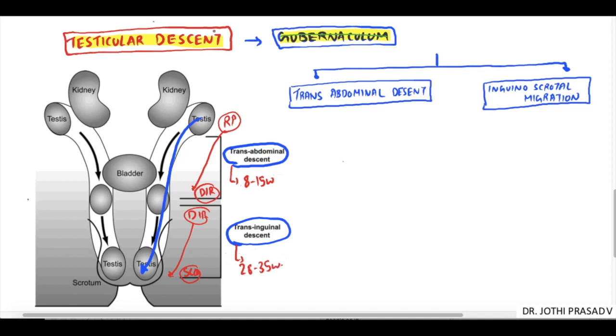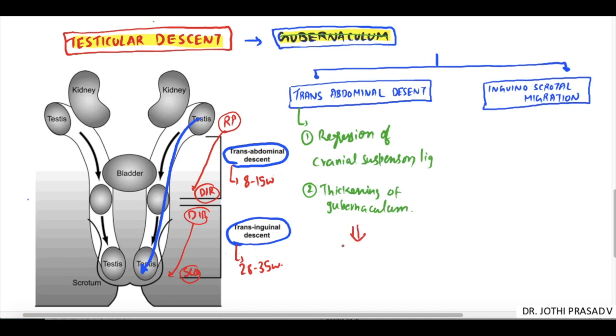35 weeks. The transabdominal descent is classically due to two features, that is due to regression of cranial suspensory ligament and secondly due to thickening of gubernaculum.